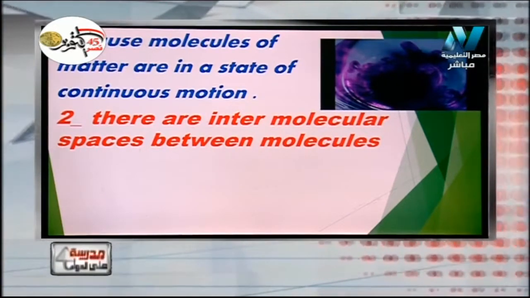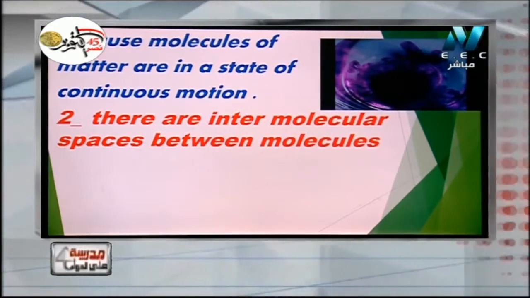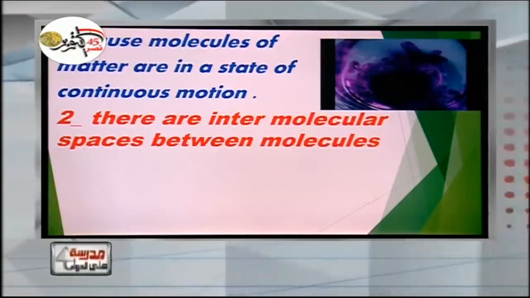As you know, my dear students, we have 3 states of matter: solid, liquid, and gaseous state. All these states of matter consist of what? Consist of molecules. We have water. Water in solid state is called ice. Water in liquid state is called water. Gaseous state of water is called water vapor. But all these states of water consist of molecules.